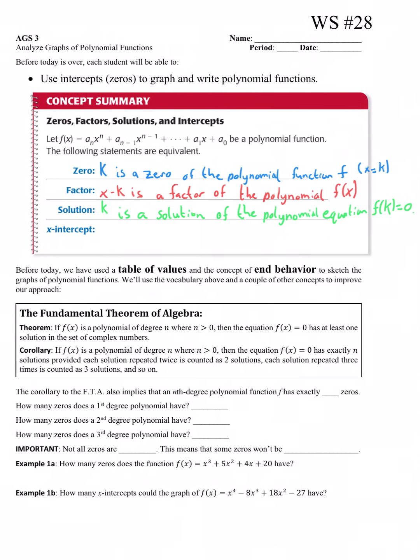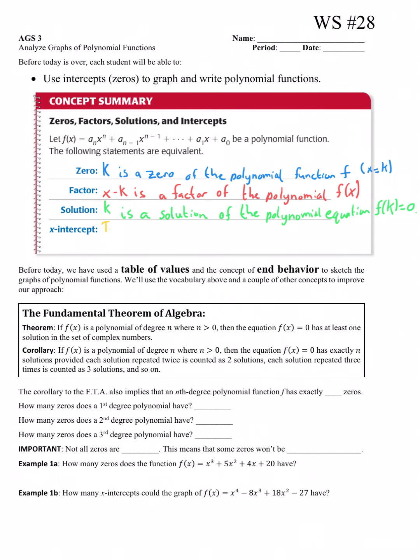And then the final one is the x-intercept. If k is a real number, because it's possible to have imaginary numbers. We don't talk about the imaginary numbers in this course, but it is possible that you could have an imaginary zero or an imaginary root.